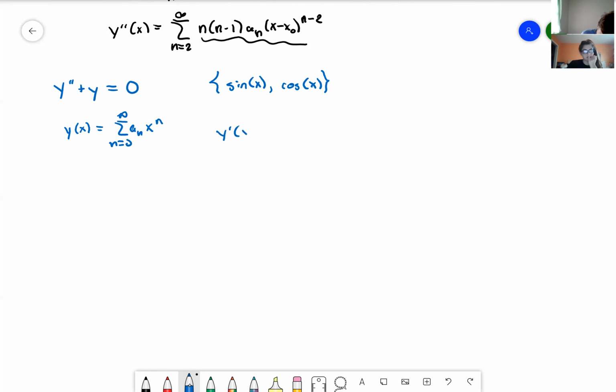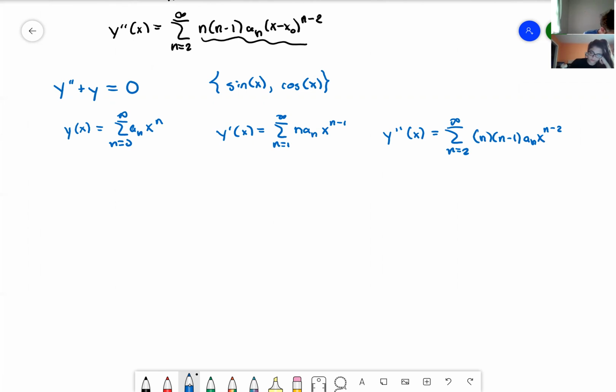Okay, y prime of x is equal to the sum from n equals 1 to infinity of n a n x to the n minus 1, and y double prime of x will go from n equals 2 to infinity of n times n minus 1, a n x to the n minus 2. So we're assuming that there's some region of convergence around 0, and that allows us to manipulate these things in an algebraic way.